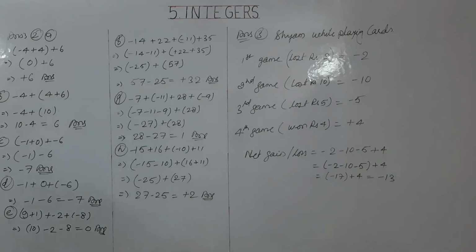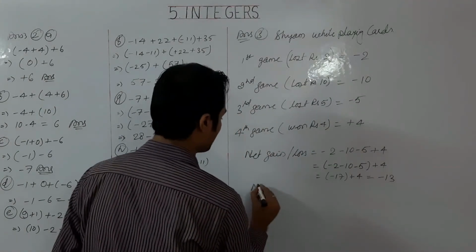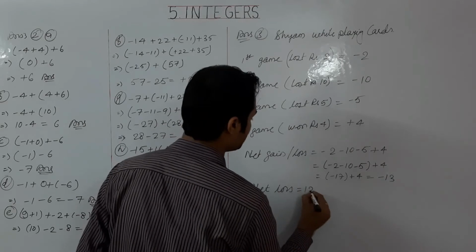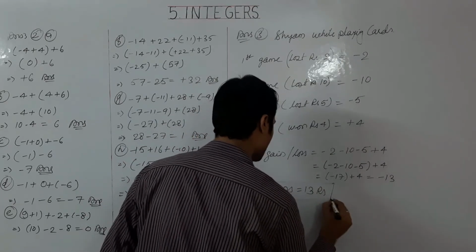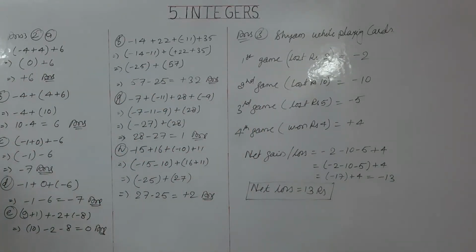So his net gain or loss is rupees 13 with a negative sign, which means he is in loss. Net loss is rupees 13. Negative 13 means a loss of rupees 13. So finally at the end of the game he is in loss of rupees 13.